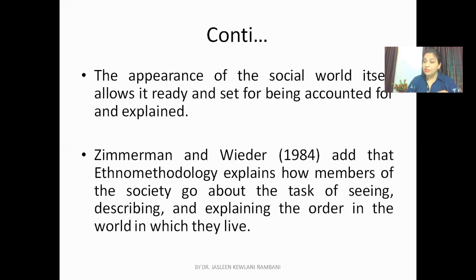Whether order is there or not is secondary for them. What matters first is that the order is there because people see it this way, and people have ways to explain and describe how the order exists, or seems to exist, to them.